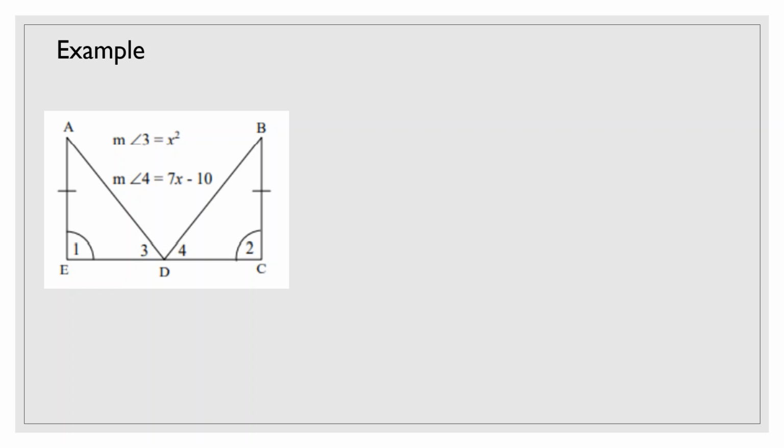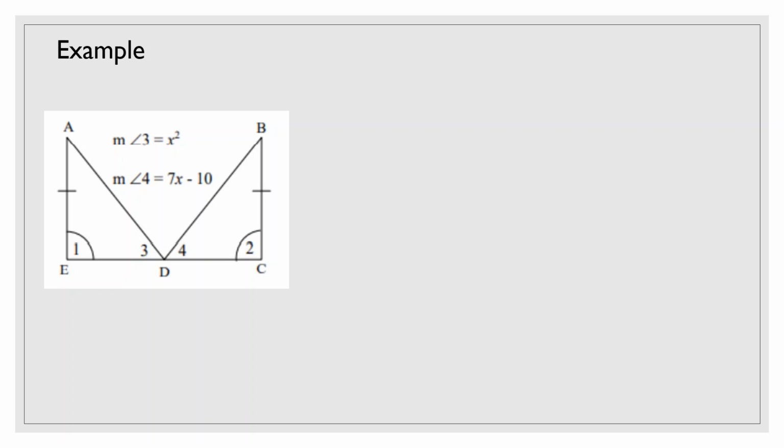Another example, we have here measure of angle 3 is x squared and the measure of angle 4 is equal to 7x minus 10. Pansinin natin sa figure that angle 3 and angle 4 are corresponding angles.